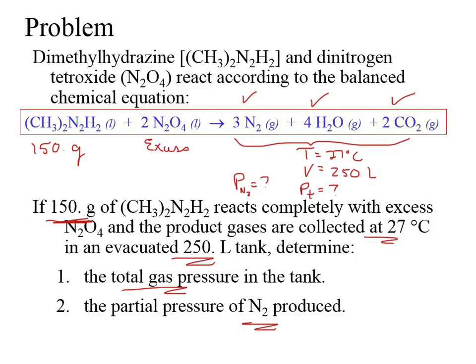You guys figure based upon this mass, we can get to the moles of all 3 products, right? In theory. You can get to the moles of N2 and the moles of H2 and the moles of CO2, right? Okay.